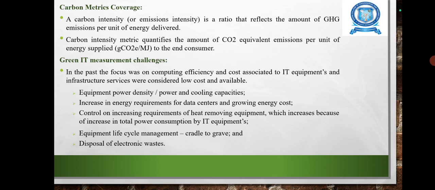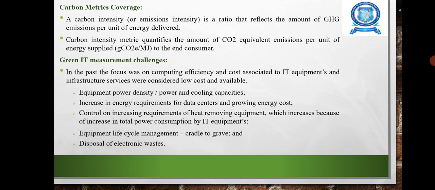Here the carbon intensity metric quantifies the amount of CO2 equivalent emissions per unit of energy supplied to the end consumer. That means non-energy products such as lubricants and chemicals and corresponding emissions are not included in this metric.